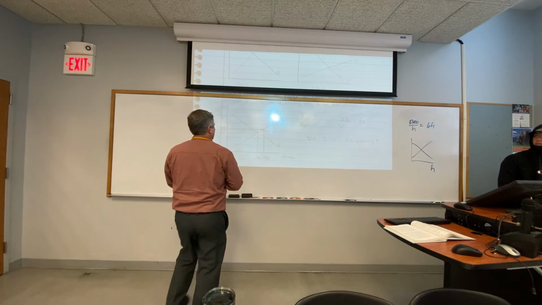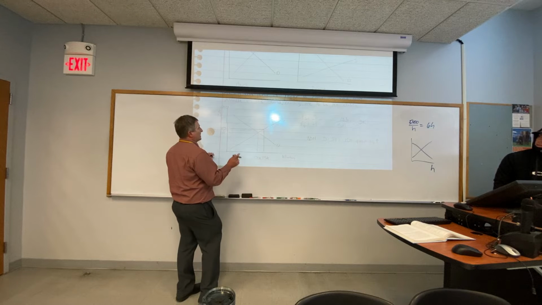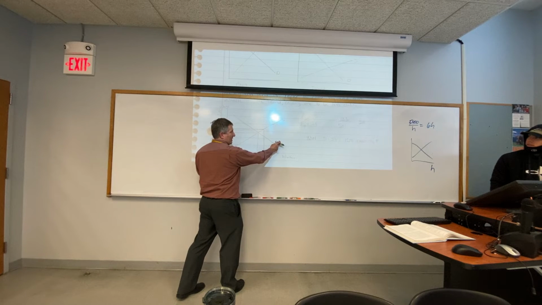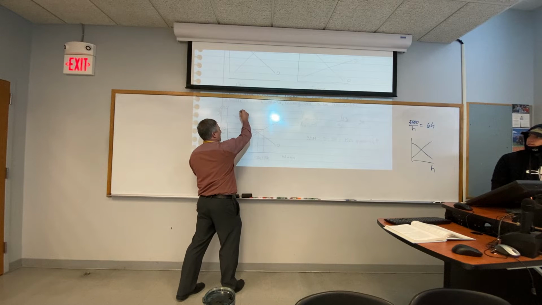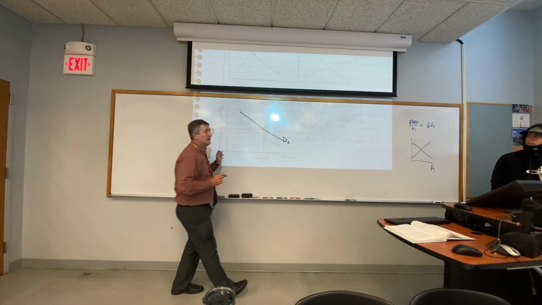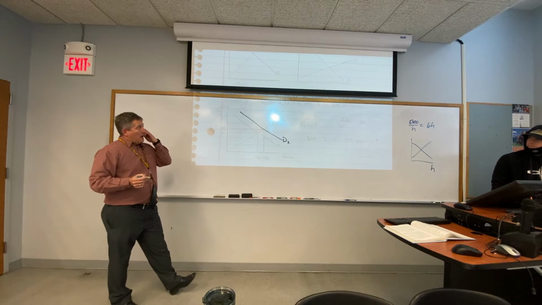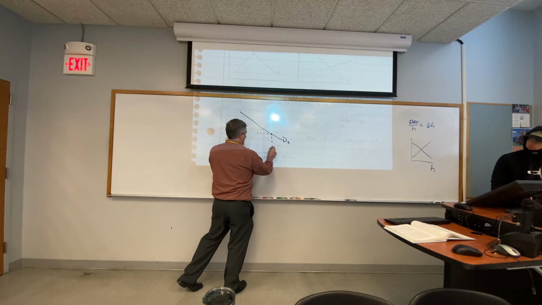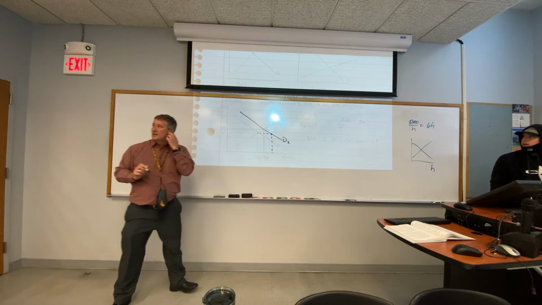So that's why I pulled this up here. One thing was there was a demand shift, right? So you should have that coming through like that. And what's this number? Anybody do that?